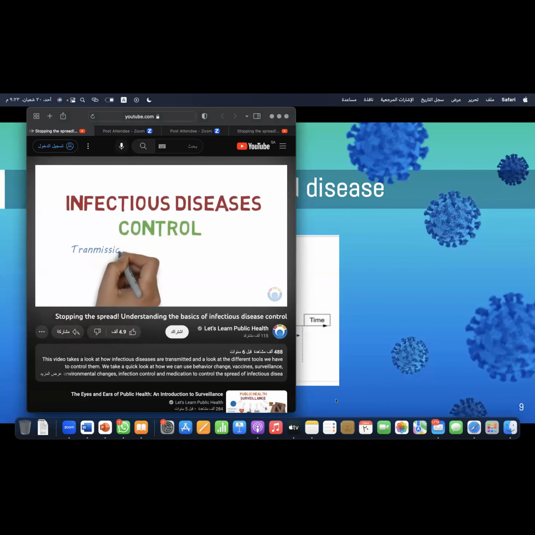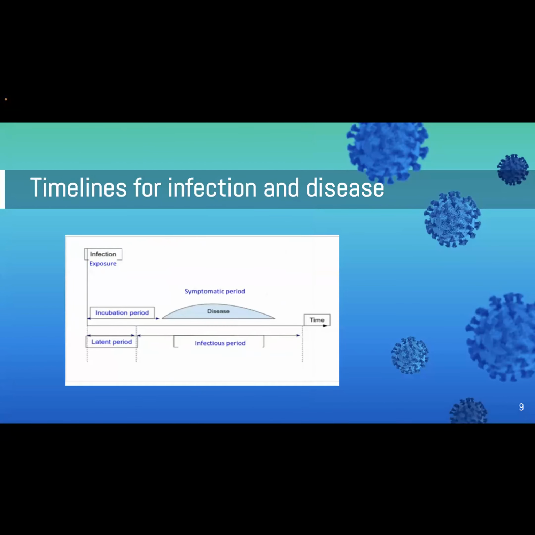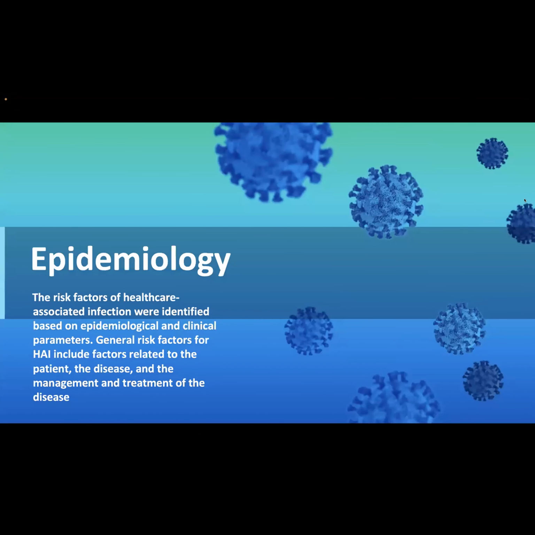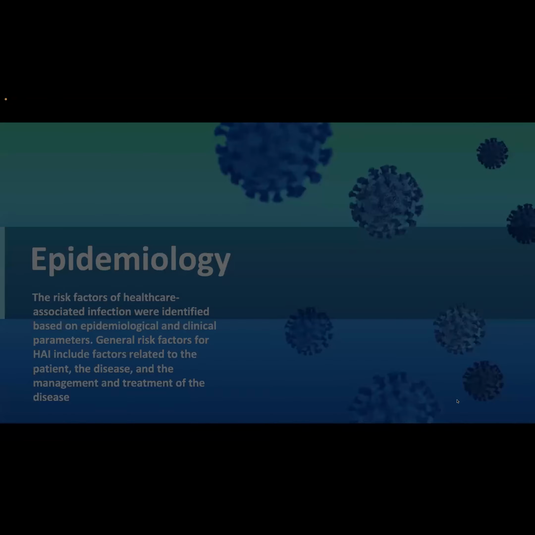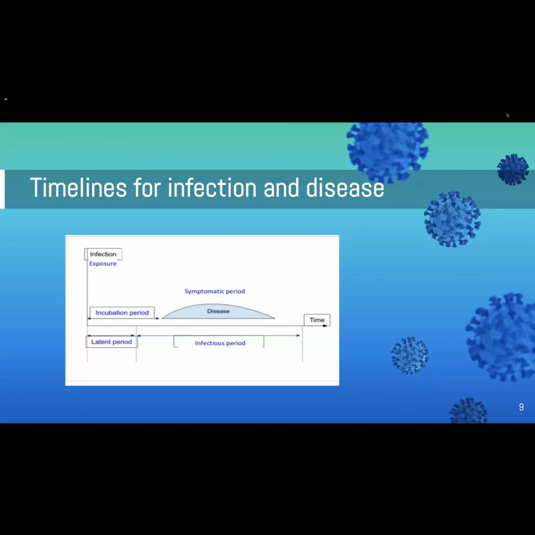We're going to have a look at how infectious diseases are transmitted and a few different ways to control their spread. First, let's have a look at how people can get infected with these diseases.